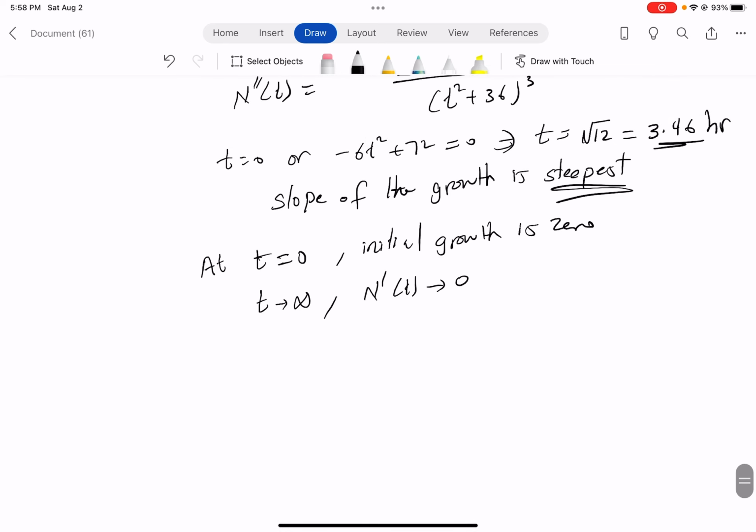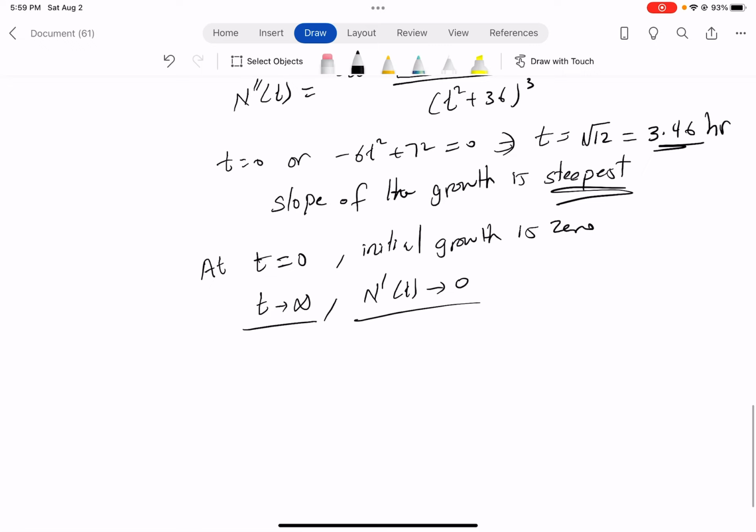So by definition, as time goes to infinity, n dash t is going to 0. So the growth slows down again. So initially the growth is slow, and finally as time goes to infinity, the growth slows down again. Okay?